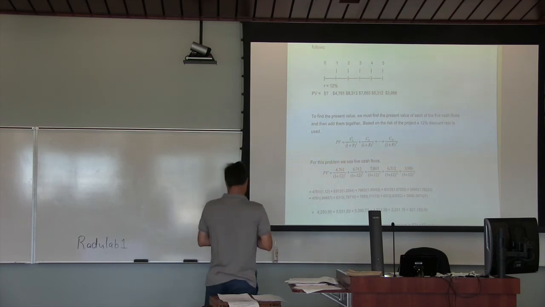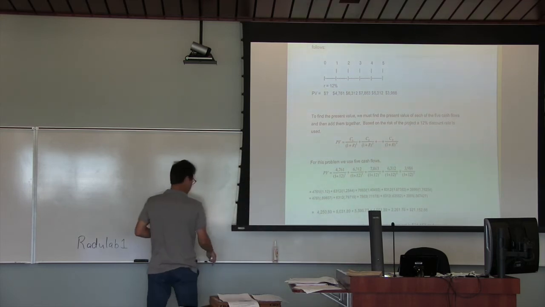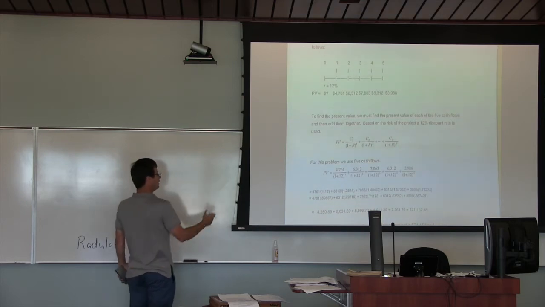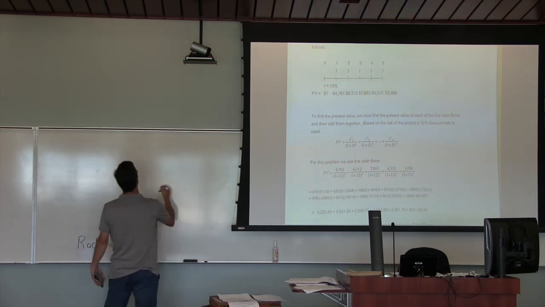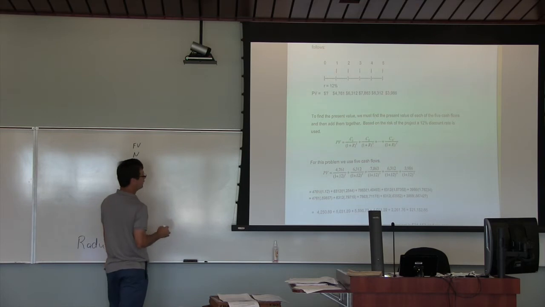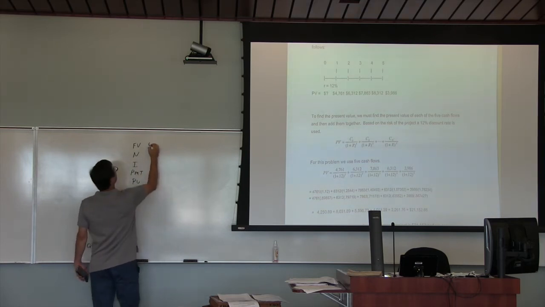First thing you want to know is, if you don't want to go to the trouble of going into the cash flow function, we can do this as follows. We've got our future values, we've got N, we've got I, we've got payment, and then we can find each of those present values.